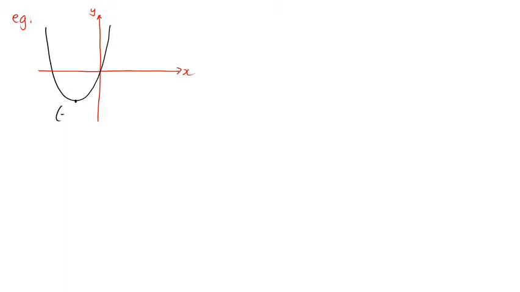Okay, so example. We've got y and x axes. This is the point -3 onto -1, and we've got the point -3 and 0.